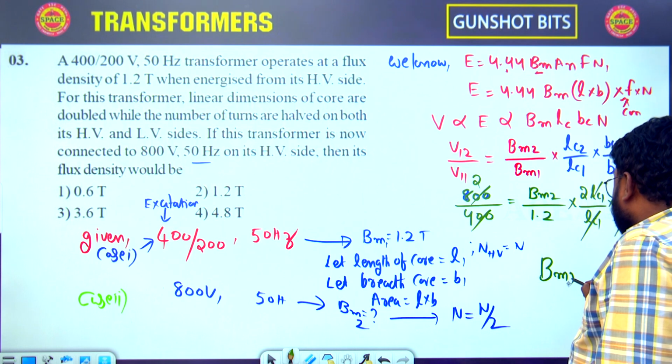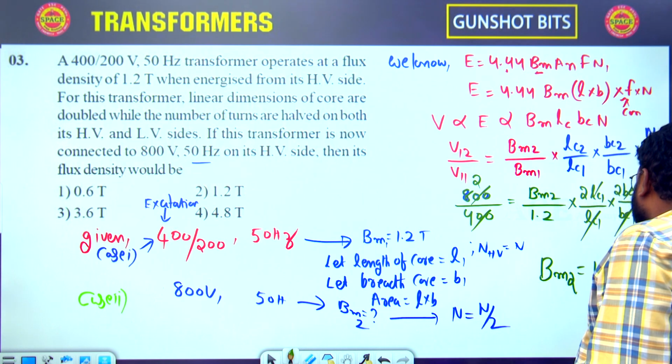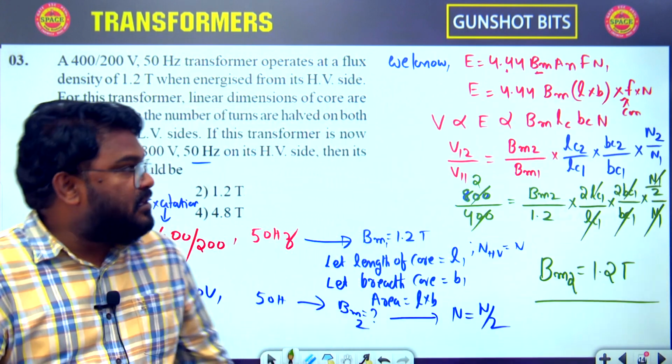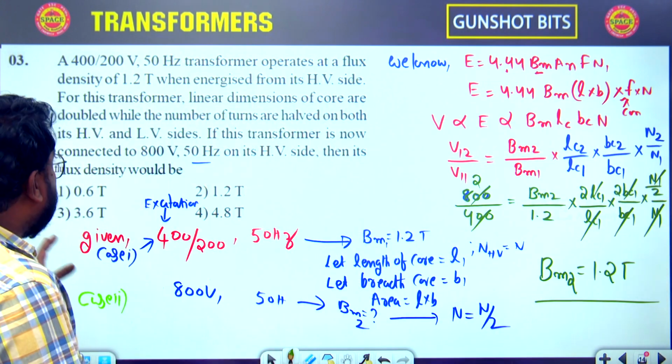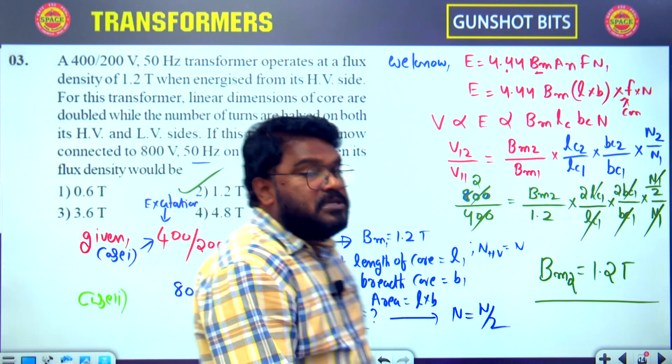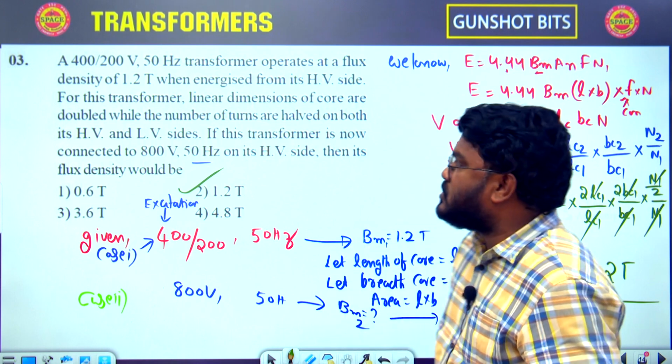So B maximum 2 is equal to 1.2 Tesla. By solving this we get the maximum flux density of the core, which is 1.2 Tesla. Option 2 is correct for this question.